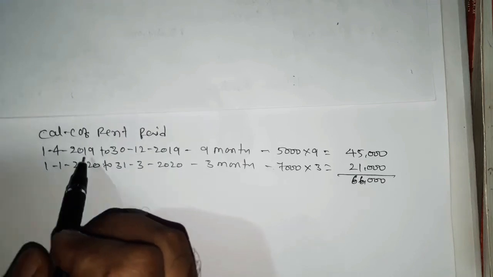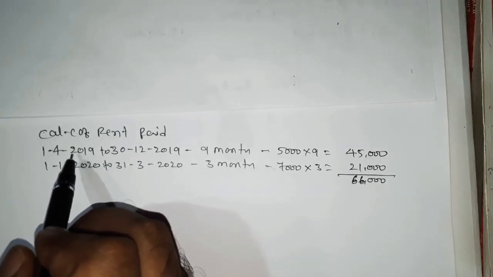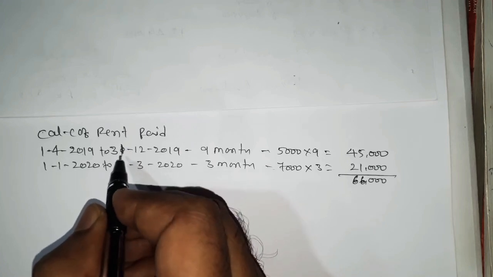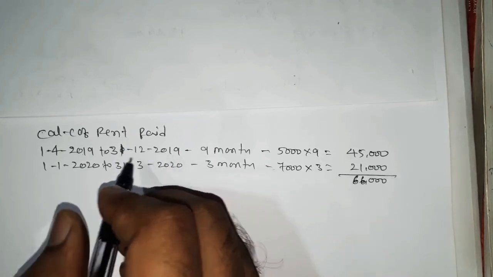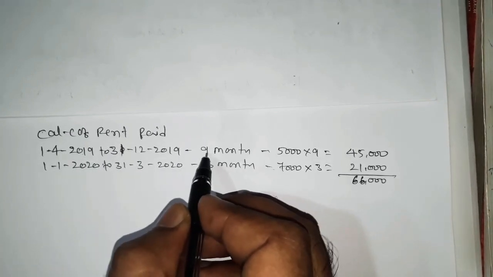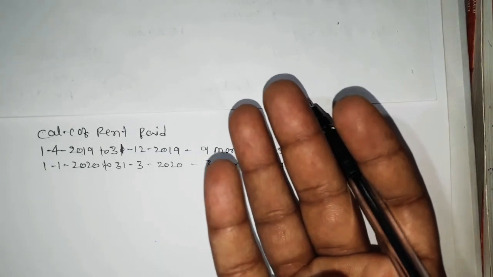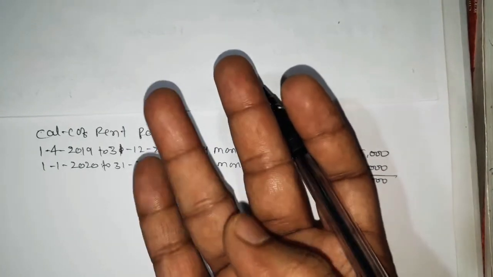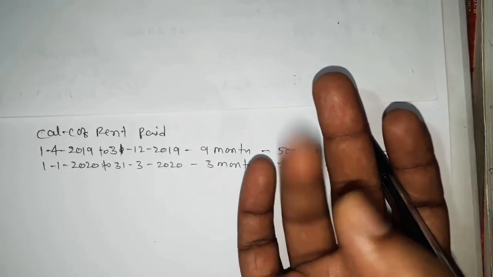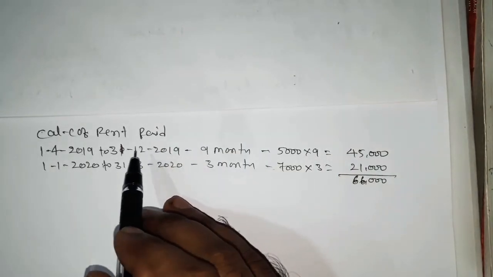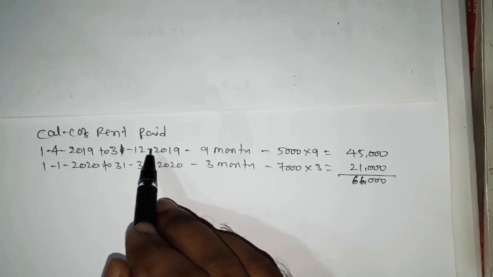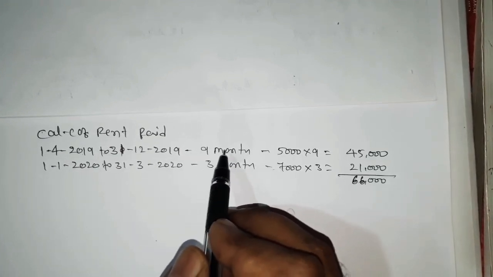It is not provided in the problem, but we need to take it as 1/4/2019 to 31st December 2019. From the 4th month to the 12th month, that is 4, 5, 6, 7, 8, 9, 10, 11, 12, the total becomes 9 months.